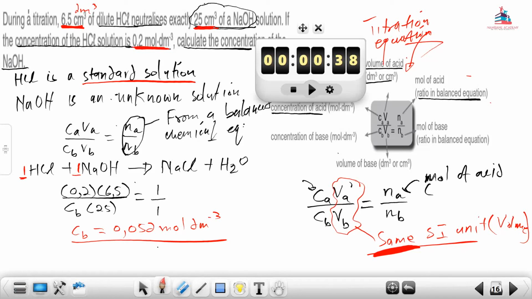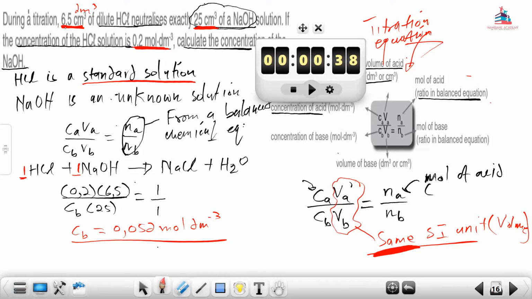So you now have two different SI units for the volume. But because you're working with centimeter cubed and centimeter cubed, it's fine. There's no need to convert in this instance of the titration equation. But if it was 6.5 decimeter cubed and the other one is 25 centimeter cubed, you'll have to convert one.